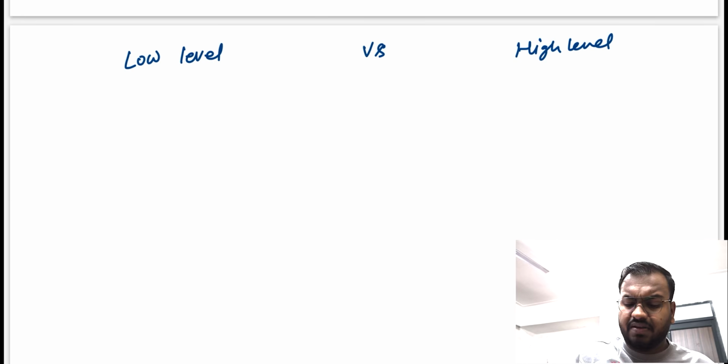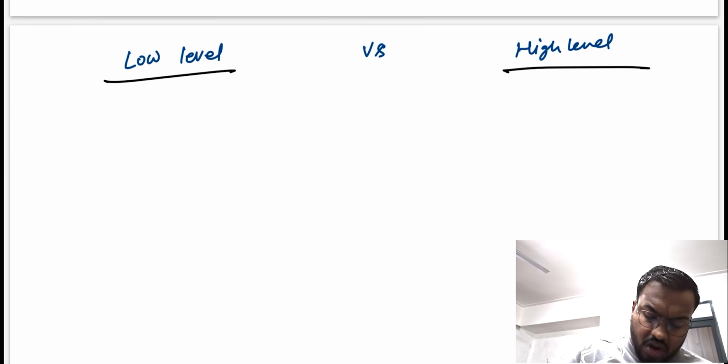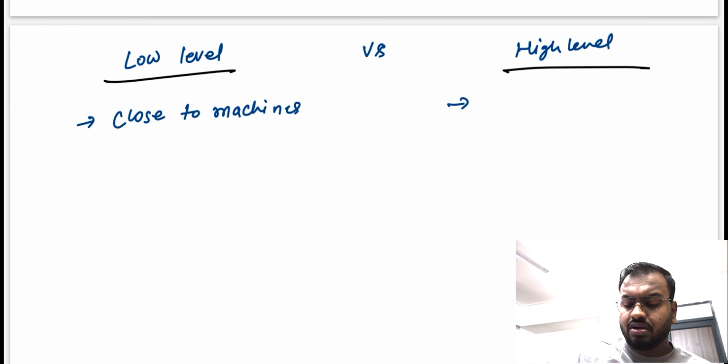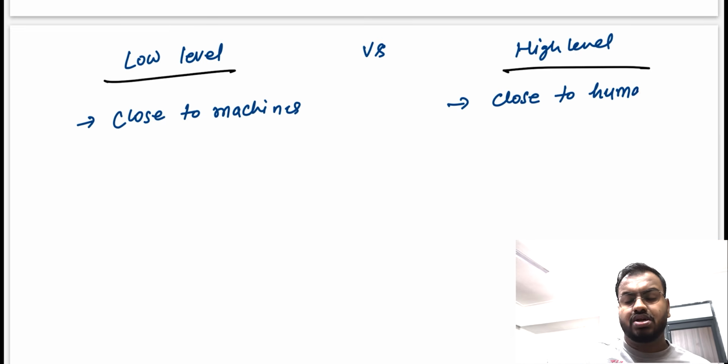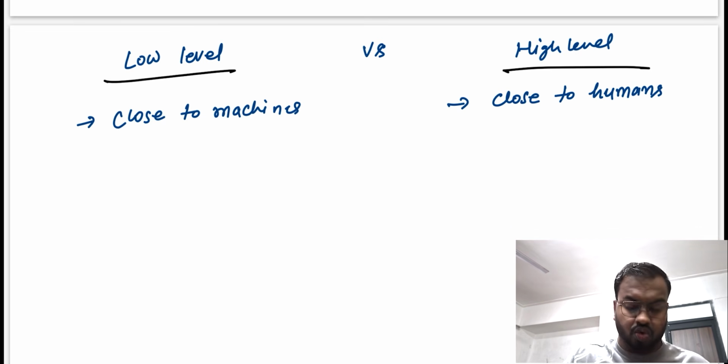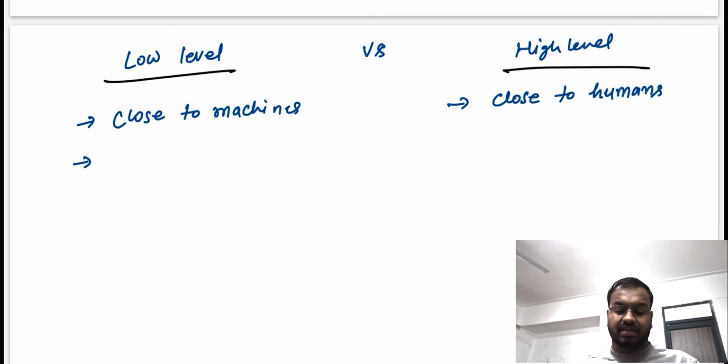It's very simple, very easy. Low level languages are close to machines, and high level languages are close to humans. Now see, it is very tough for humans to understand the language which is understood by the computer.